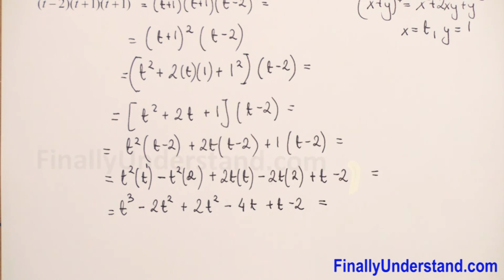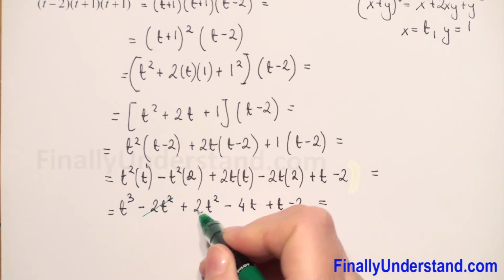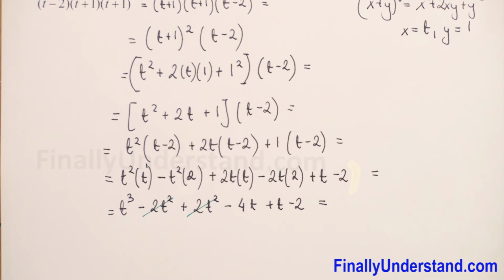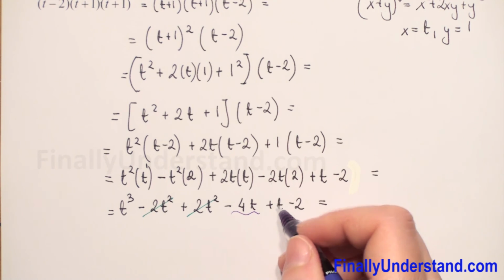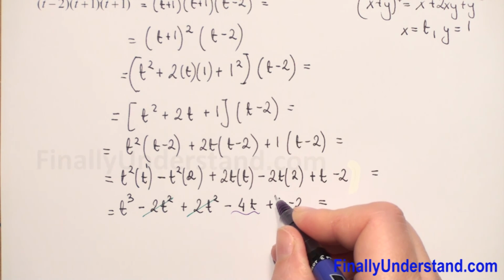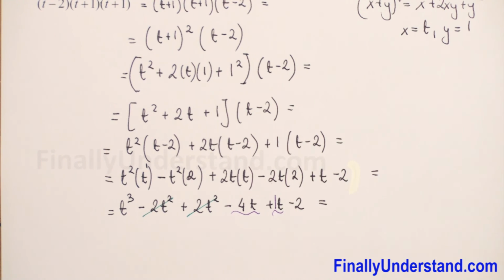So this is equal. Now we have to combine the like terms. We have negative 2t squared and positive 2t squared, so this we can cancel out. And we have also negative 4t and positive t. When we don't have a coefficient, it is always an invisible 1. So now this is equal to t cubed, we will copy.